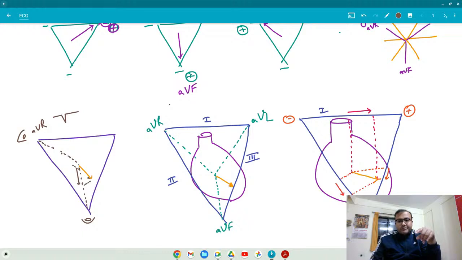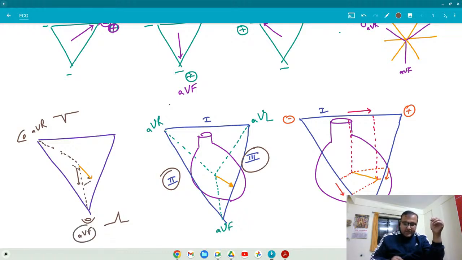Now, another thing. If we talk about this lead AVF, it is going to be a positive deflection. Rule of thumb: lead 2, lead 3, and AVF. Do you realize that they are essentially going to have a positive deflection?